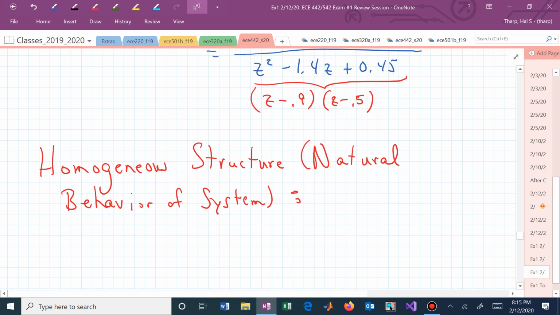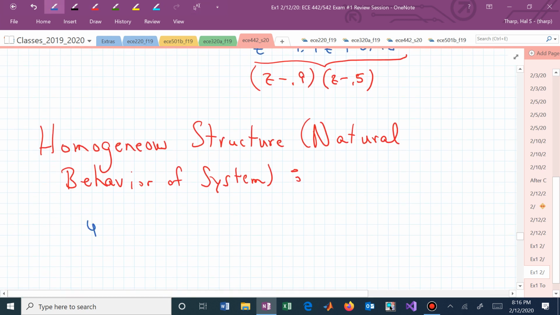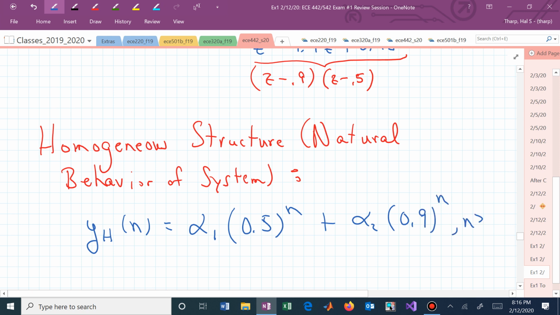So if we just wanted the natural response of our system, or the homogeneous, we would say, oh, it's going to be some multiple of 0.5, that's the mode to the n, plus some other multiple times 0.9 to the n, for n greater than or equal to 0. If I just hit this with some initial conditions, this is how it would move. I'm not asking you to find the alphas because I say what's the structure.